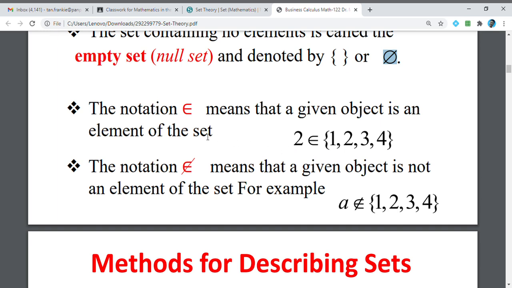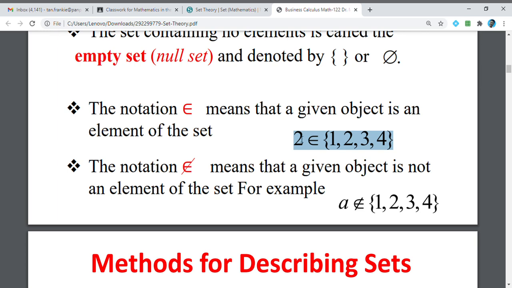Then we also have this notation. Here, the notation is known to be an element or a member of a given set. It is an element of this specific set. So in this example, we have 2. 2 is an element of this set.